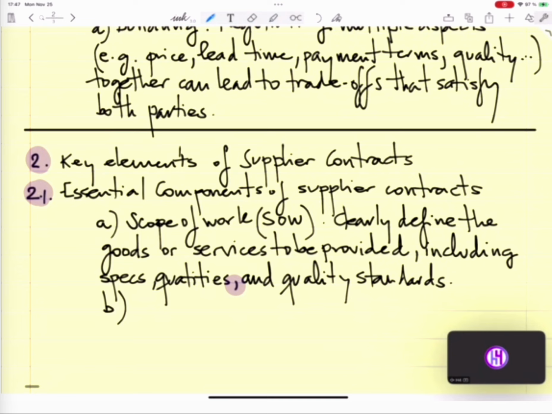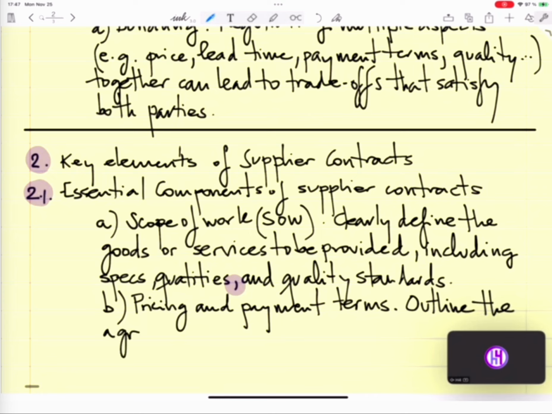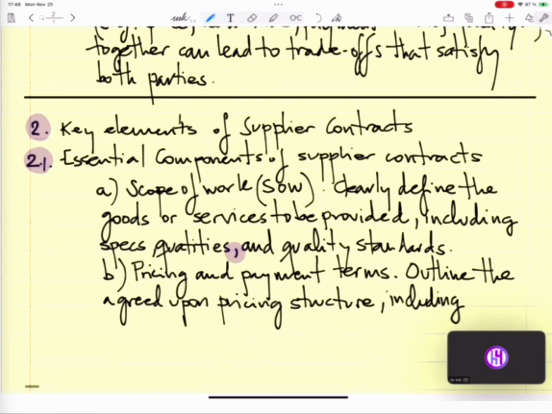B, pricing and payment terms. So outline the agreed upon pricing structure, including volume discounts, penalties, or incentives.